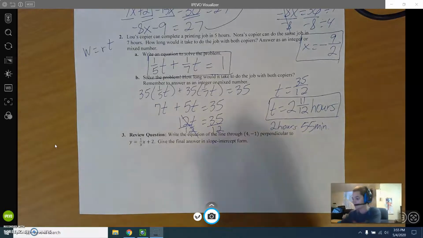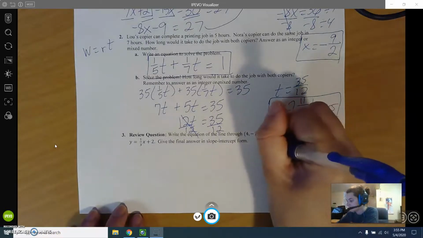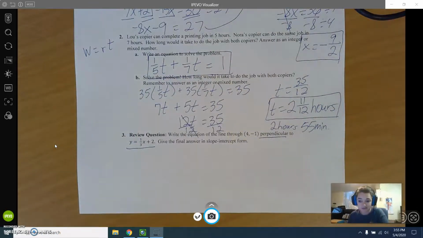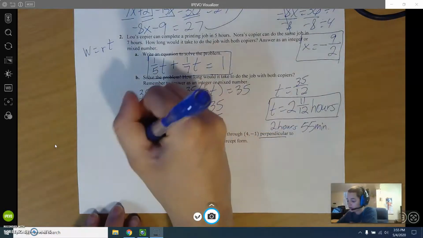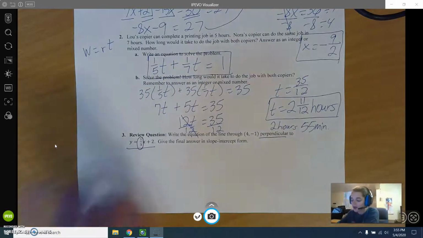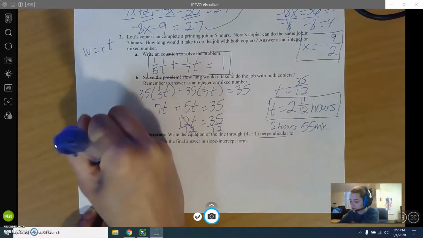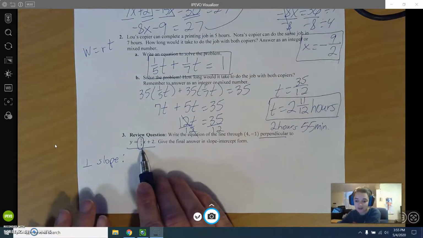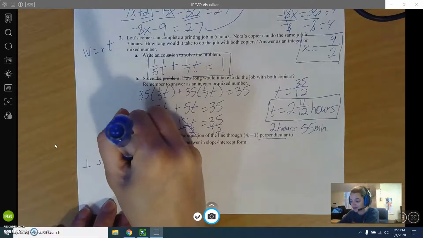Alright, so first thing I notice is that my line has to be perpendicular to this line, okay? Perpendicular lines have opposite reciprocal slopes. So the slope of the line that I gave you is 1/3, okay? The perpendicular slope is going to be opposite, so instead of positive 1/3, it's going to be negative.